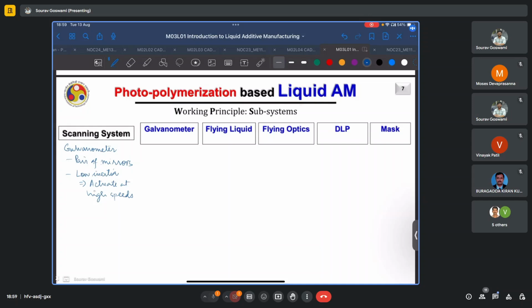The second can be the flying liquid, where say you have a deposition head which moves, and this has several nozzles from which the liquid is dispensed.